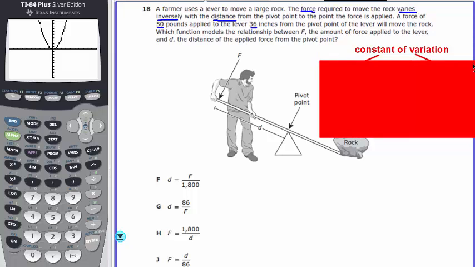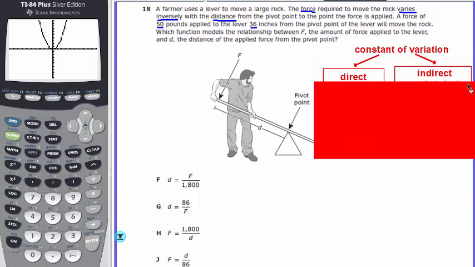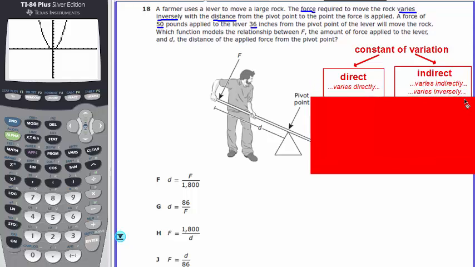For example, there's two types of variation: direct variation and indirect variation. Okay, those are the two variations that are possible. They might show up on a question with the words varies directly for direct variation, or varies indirectly, also varies inversely, for indirect variation.